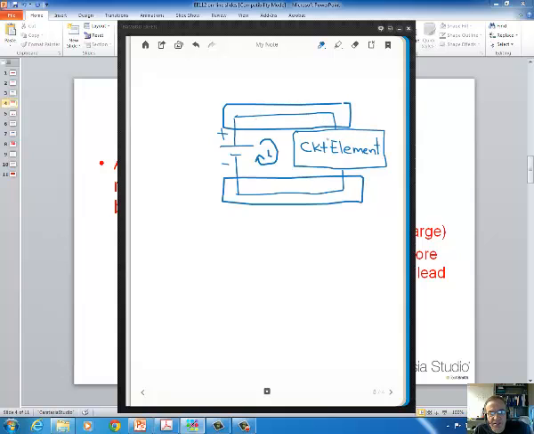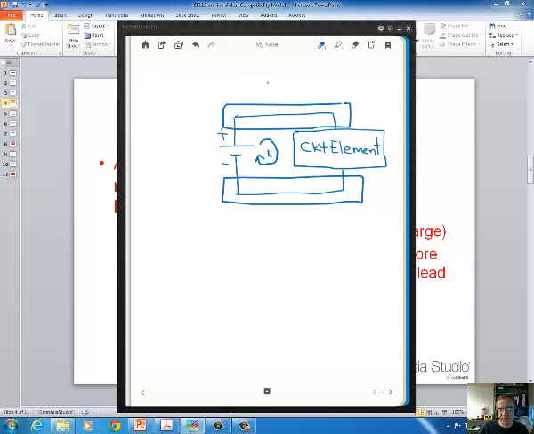The positive charges flowing through the wire and also the circuit element are being pushed by this end of the voltage source by the excess positive charge, and they're being pulled by the excess electrons that are on this side of the source because of the attractive force between unlike charges. So you see there's a pushing and a pulling force that's moving that positive charge through the circuit in this direction.